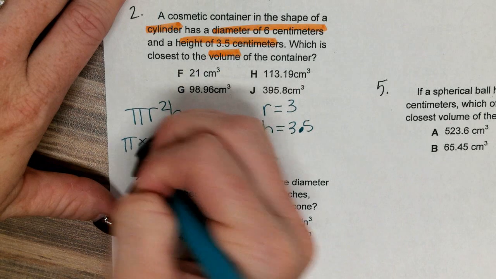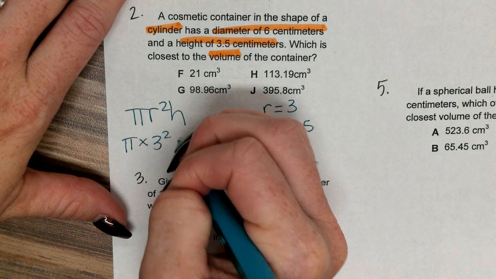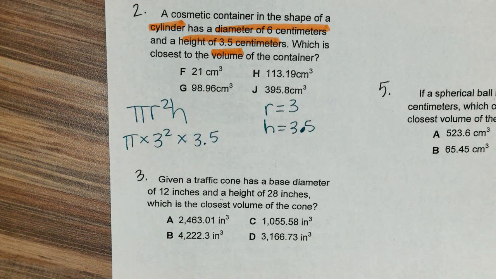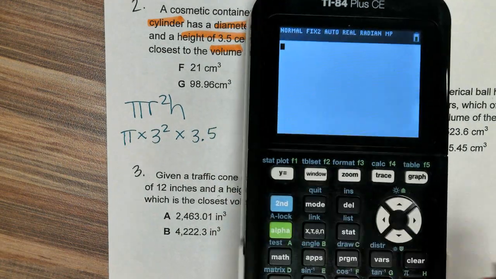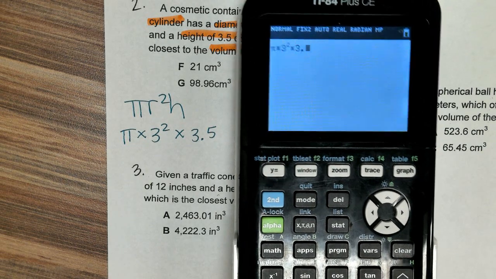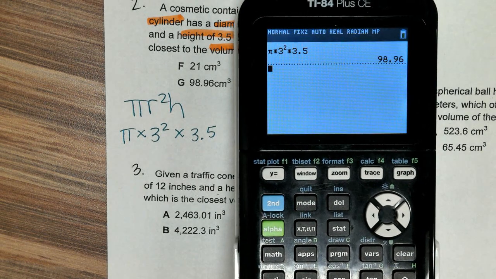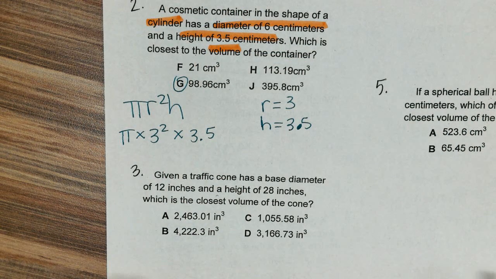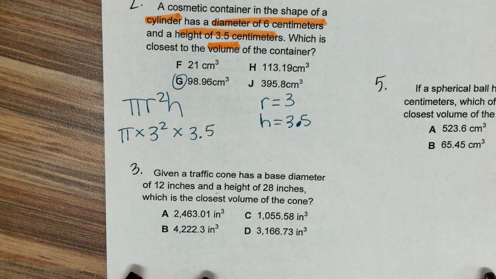So pi times 3 squared times 3.5. The answer is 98.96. You'll see how easy these are.